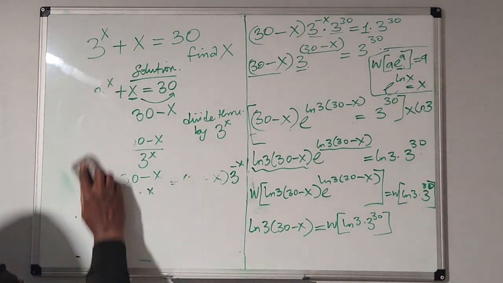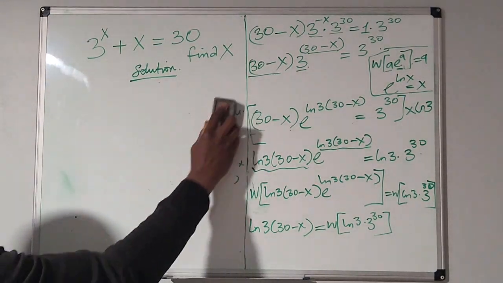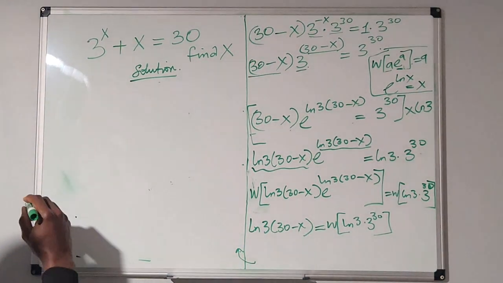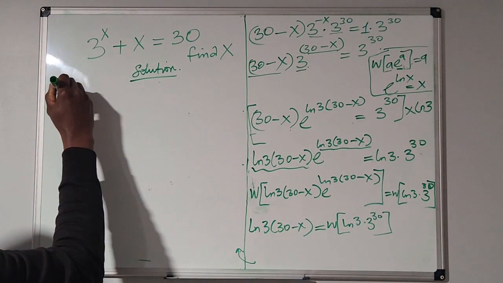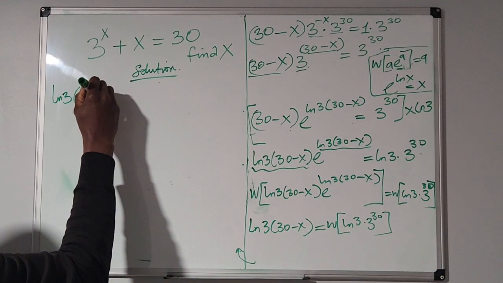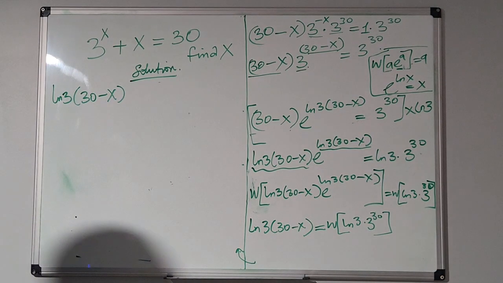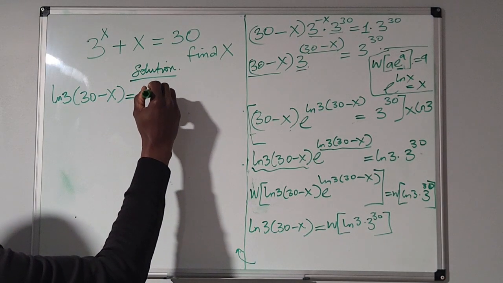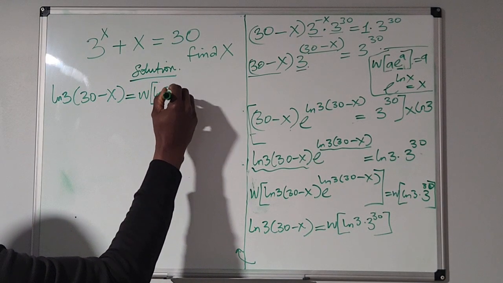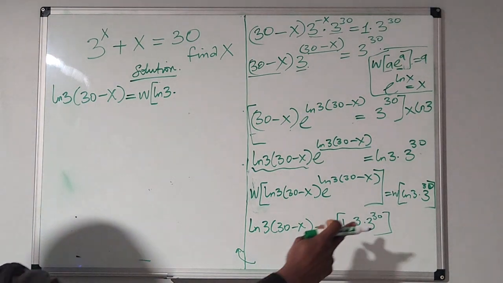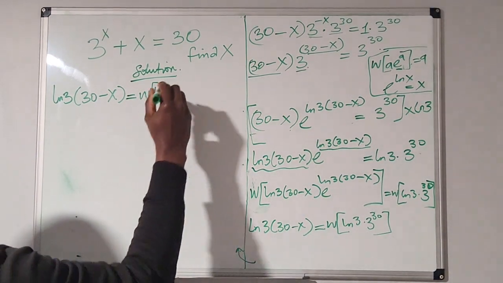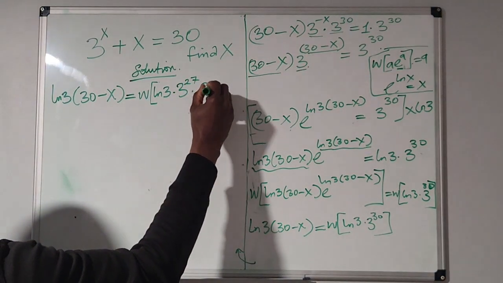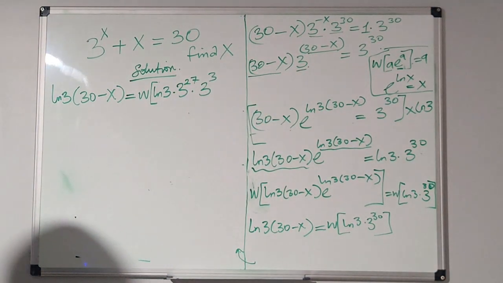So we come over to this side of the board, and we have that ln 3 (30 minus x) is equal to W of ln 3 raised to power 30. We can rewrite 3 raised to power 30 to become 3 raised to power 27 and 3 raised to power 3, right?